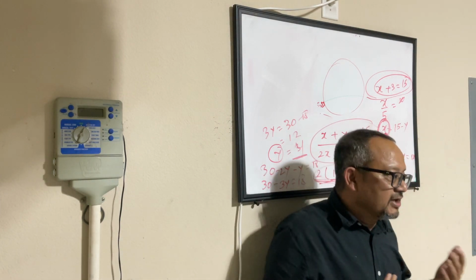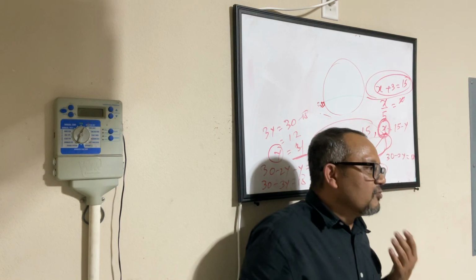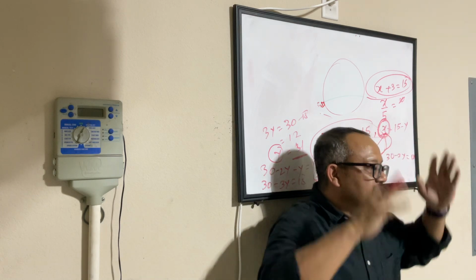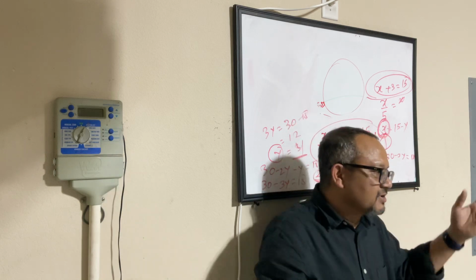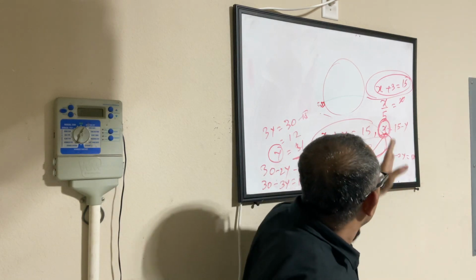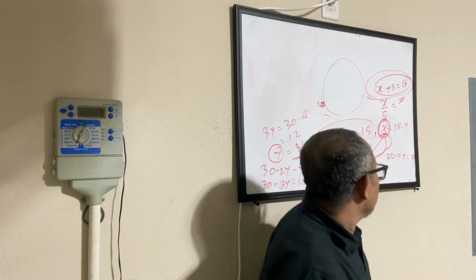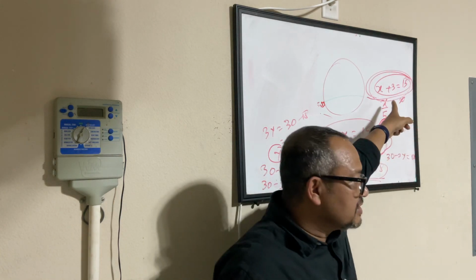If you guys are studying math today or English or science, what is your goal? Your goal is to be successful in your career, get somewhere. Somebody wants to become a doctor, somebody an engineer, somebody a scientist, whatnot. There are a lot of things. So you have a goal in mind, that's why you are studying, right? Same thing, when we are trying to solve the equation, our goal is this.